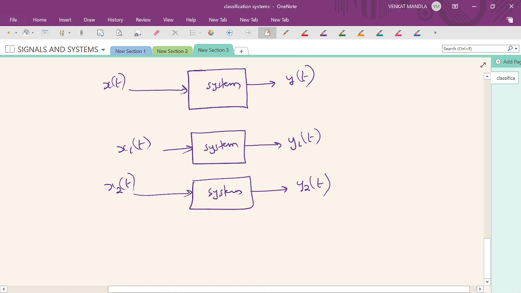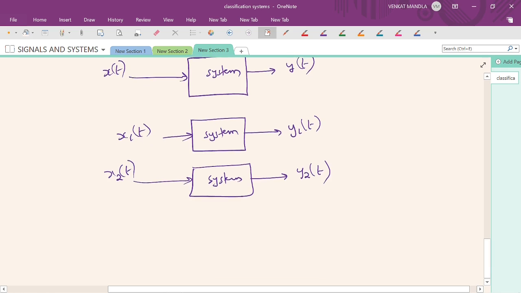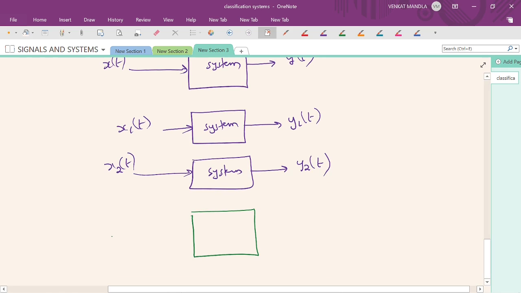you don't need to check these conditions separately. You can check these conditions combinedly. So I will apply the input as a1 x1 of t plus a2 x2 of t. Let us say some y3 of t.